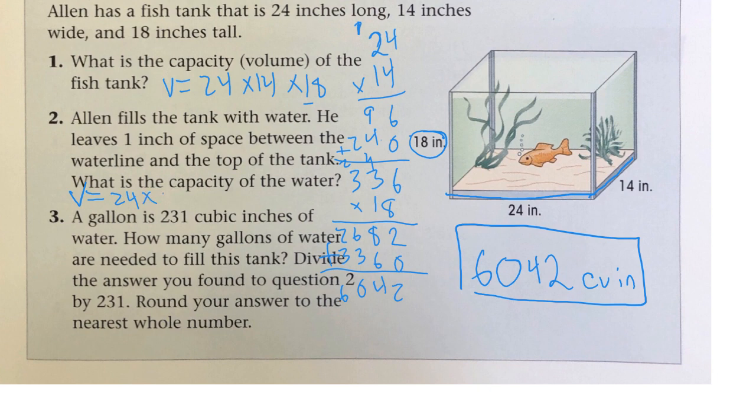So 24 times 14 hasn't changed. But the height is only going to there, so that's going to be 17 inches. So instead of 18 groups of 336, it's 17 groups of 336. So really I could subtract the 336 from that.